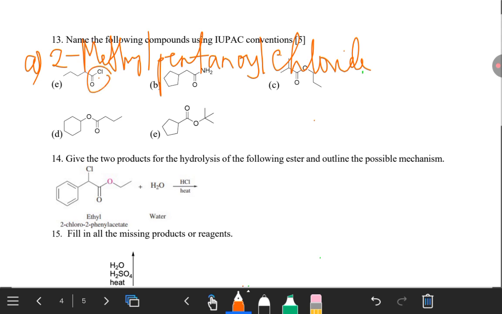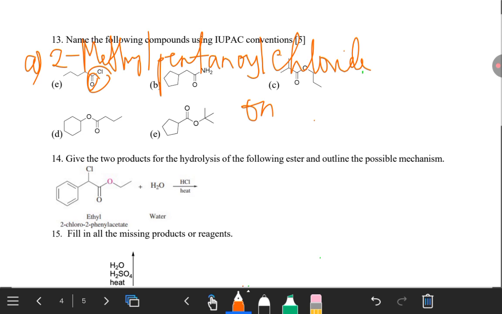So this group, just remember that you add OYL, then you put the chloride or the halogen will be given. We are saying we add OYL because we can see that this is more like a ketone, that's where the O is coming from.